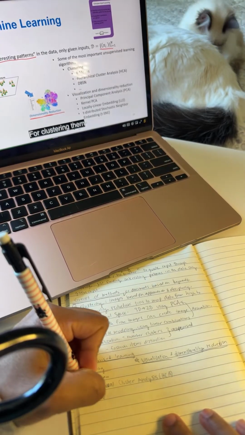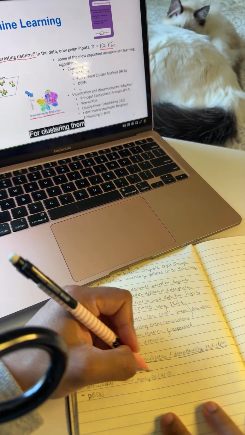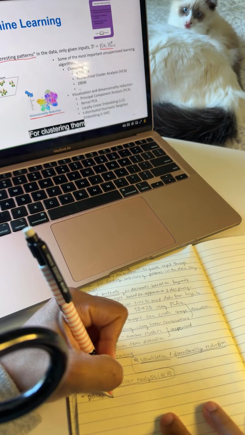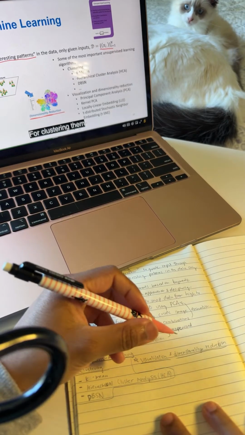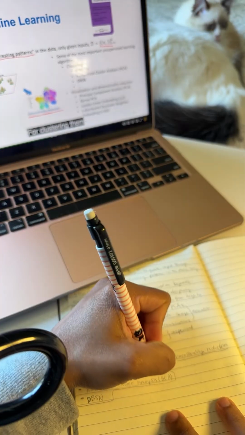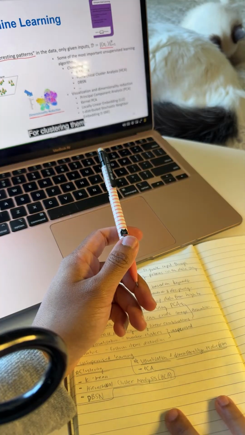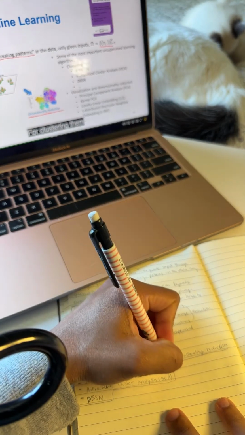DBSCAN. Alright, so that's for clustering. And then visualization, we have PCA, principal component analysis.